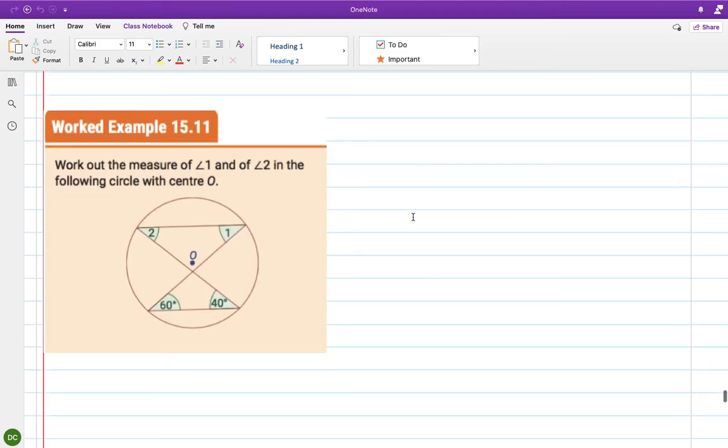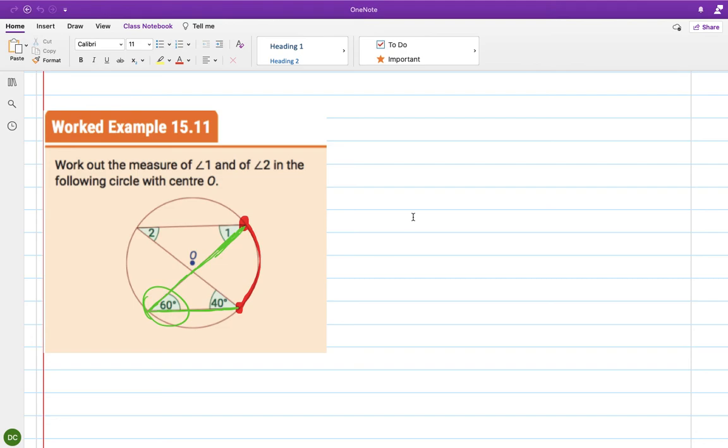Okay, we'll try one more. Work out the measure of angle 1 and angle 2. I'm going to pick out an arc here. I have an arc that starts here, goes along here, and finishes there. Starting at that arc, I can go up there to 60.